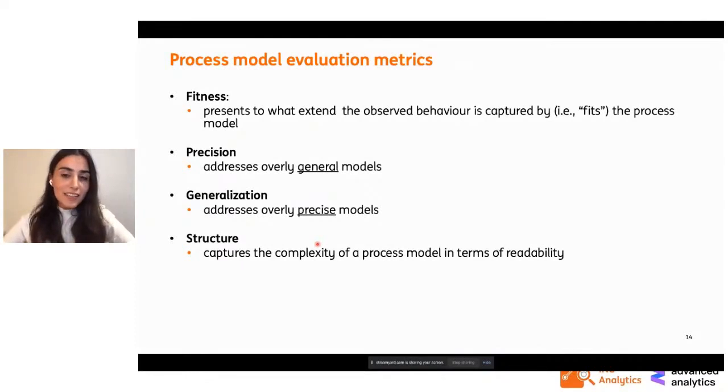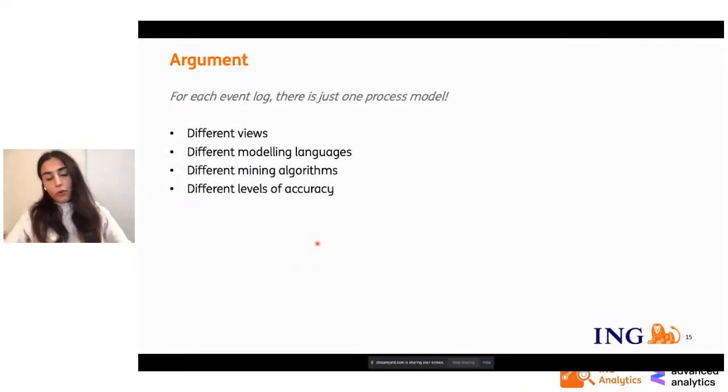Generalization assesses the extent to which the model will be able to reproduce future behavior of the process, and can be seen as a measure of confidence in the precision, basically. And structure, or just simplicity of the model, captures the complexity of a process model in terms of readability. So how readable any model is.